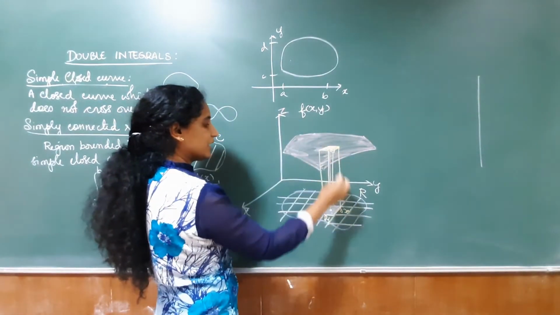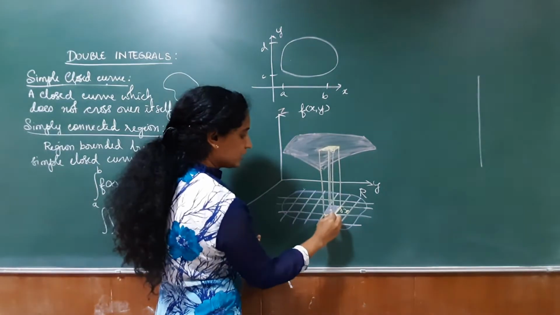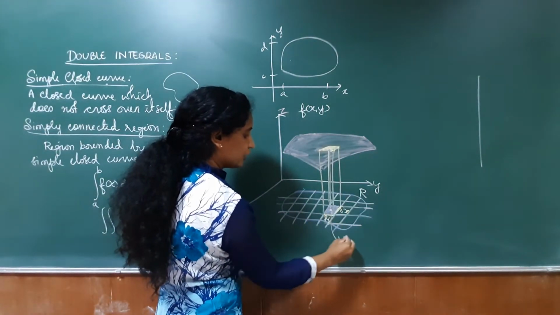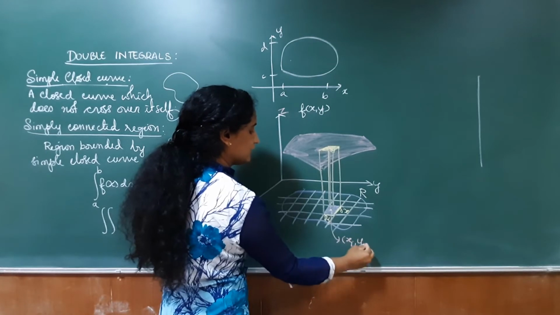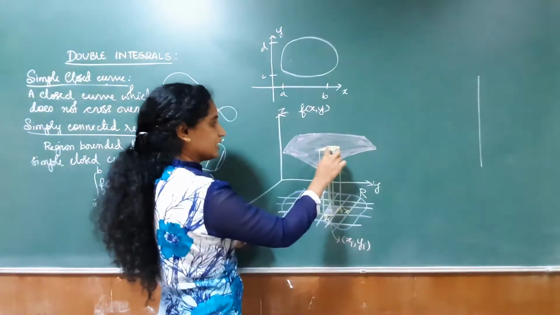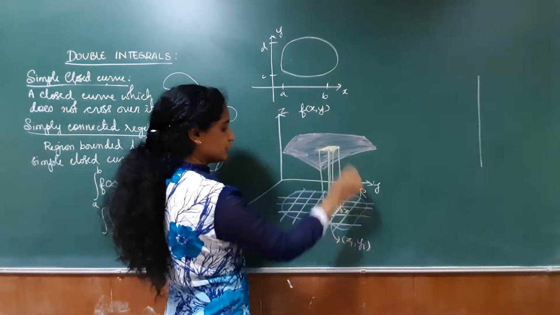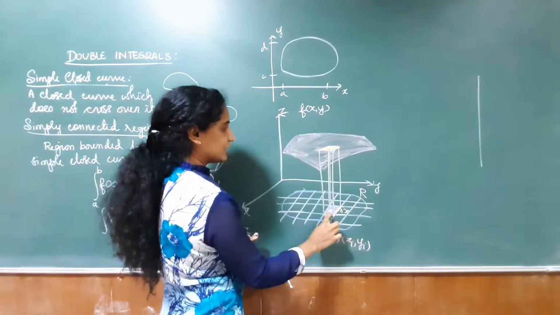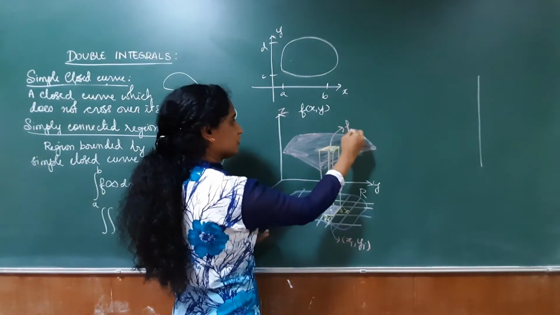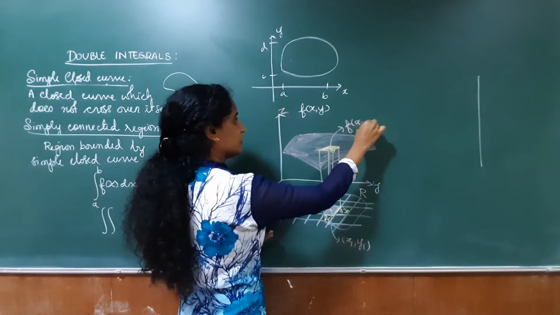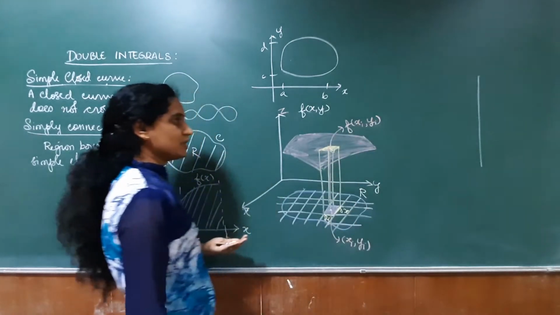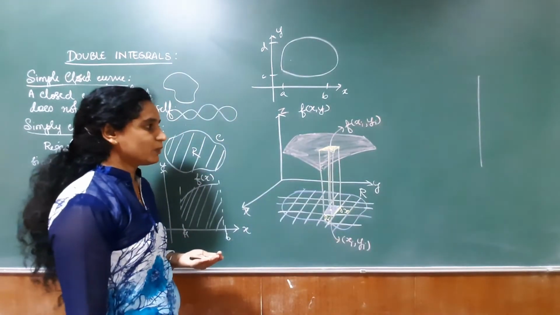If I take a point here, say I will call the point (xi, yi), then the value of the function at this particular point is nothing but the height. What is the value of the function? If f(x,y) is the function, the value of the function is f(xi, yi).